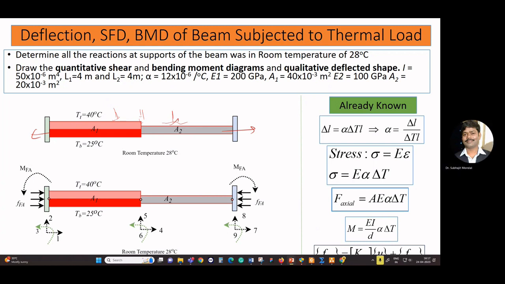Now, before jumping to the solution of this problem, let us first discuss the basic part.